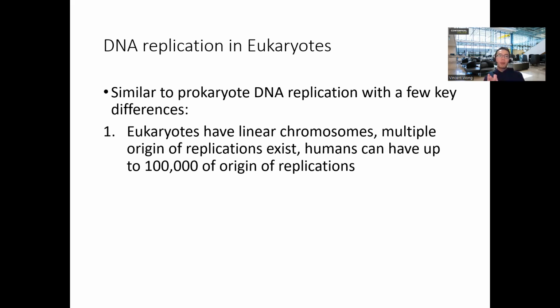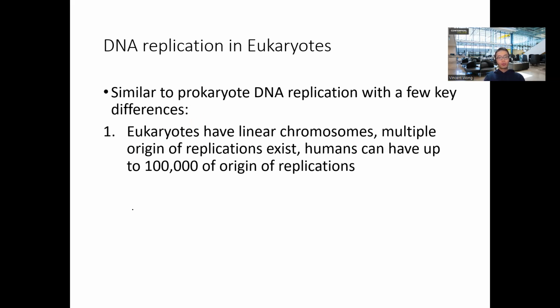The DNA replication process that we've learned so far in prokaryotes is very similar to what's happening in eukaryotes, in us. But there are a few key differences, so let's take a look at 3 main differences. Number 1, eukaryotes have linear chromosomes, as opposed to circular for prokaryotes.